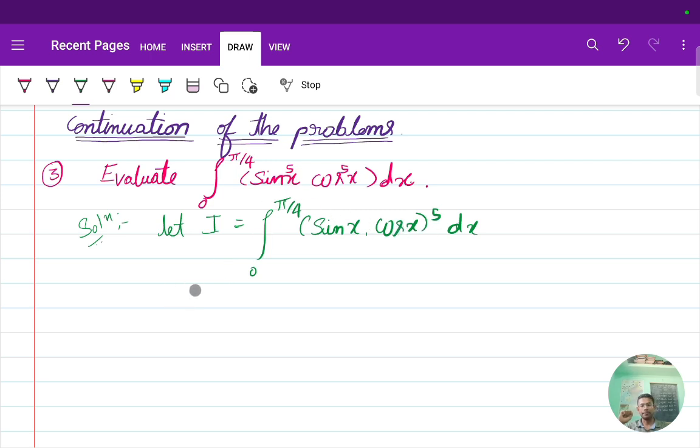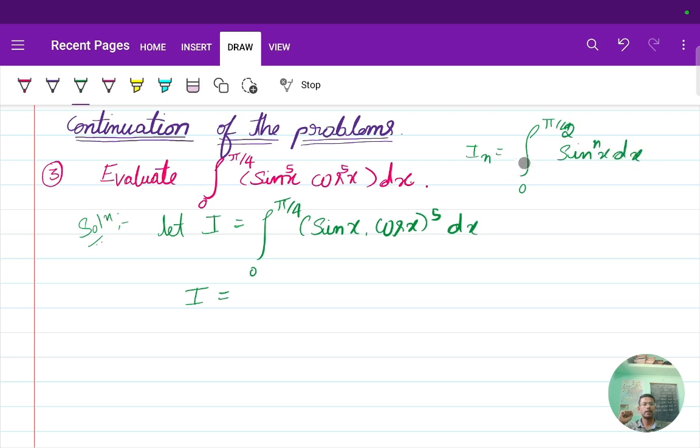Then I is equals to, when we compare the reduction formula for integration, In is equals to integration over 0 to pi by 2 sine power nx dx.